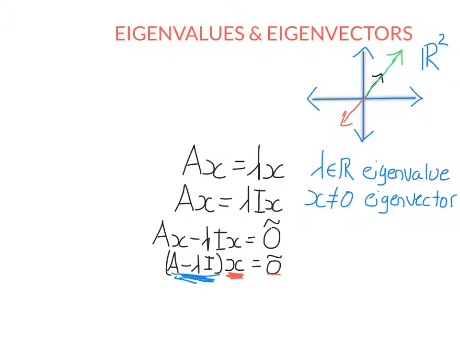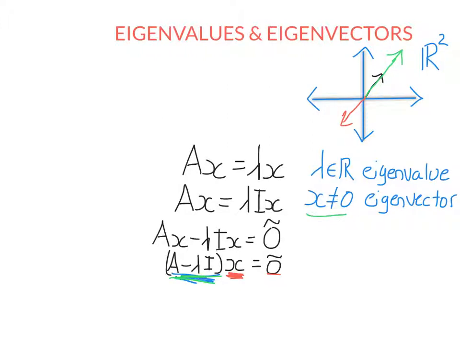But hang on a minute, we want x to be non-zero. So remember, a matrix has a non-zero vector in its kernel if and only if the columns of A are linearly dependent. They are not linearly independent. So for us to solve this equation, we need this matrix here to have columns that are linearly dependent.